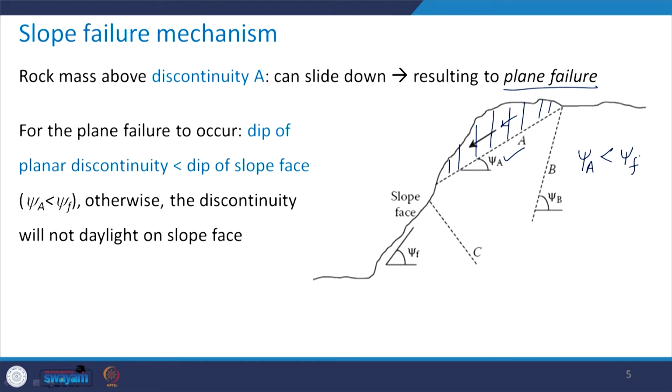Otherwise, if this condition is not satisfied, then this discontinuity A, which I am showing here, will not daylight on the slope face, and therefore, the probability of sliding down of the rock mass above this discontinuity will not be there. So, for a plane failure to occur, this condition has to be satisfied.